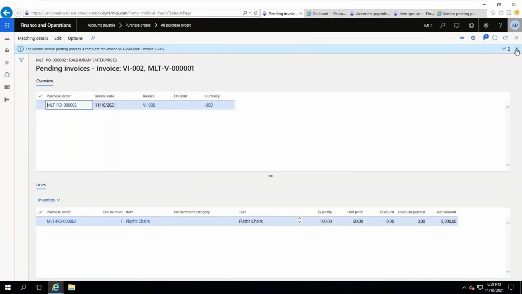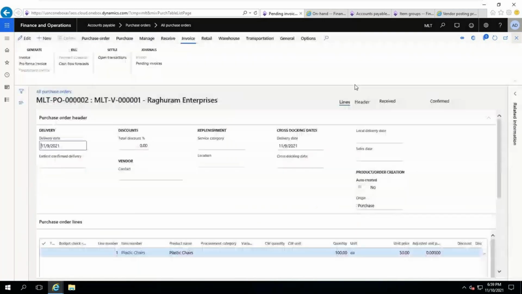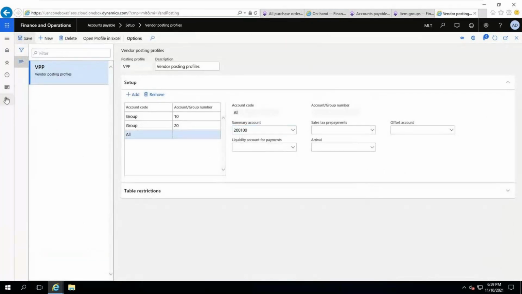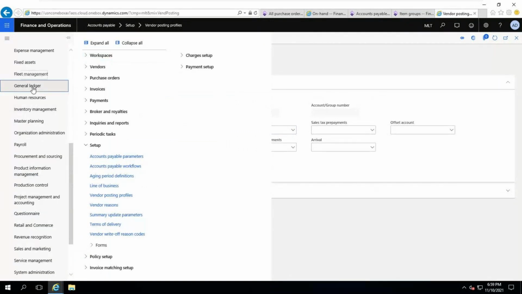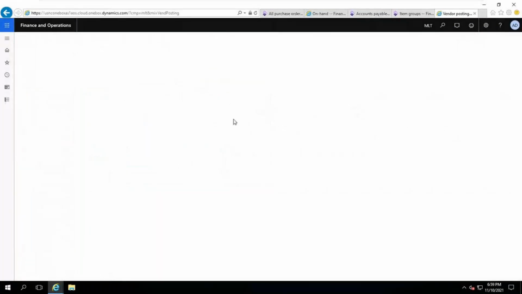Now if you close this one, if you refresh, the invoice is posted. Okay, now if you go to the ledger form, general ledger, ledger setup, ledger, it will be frozen.